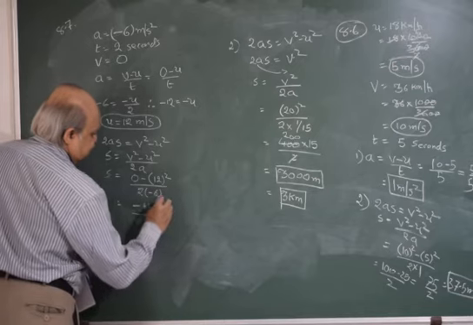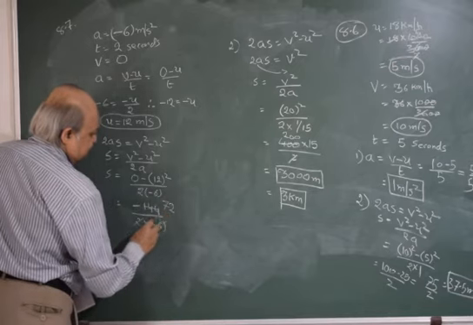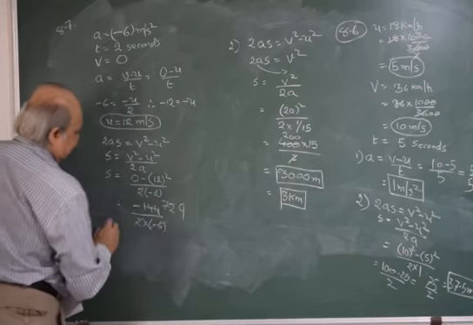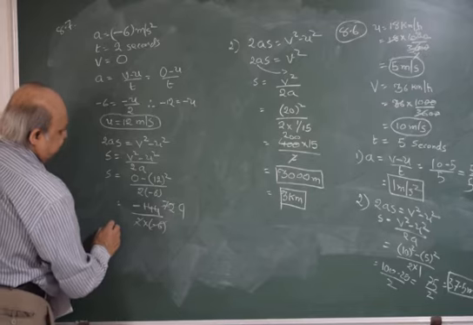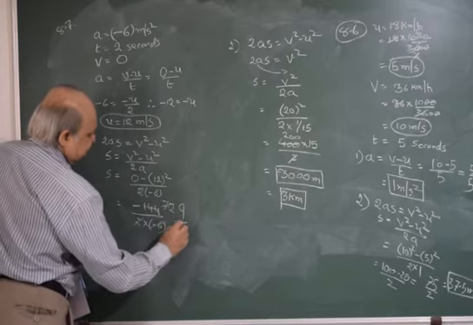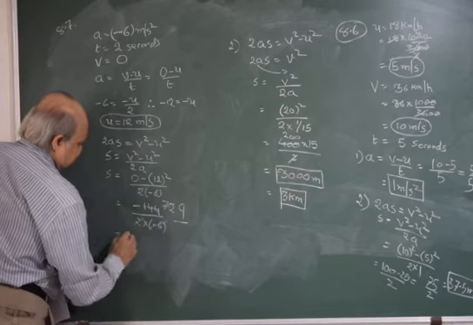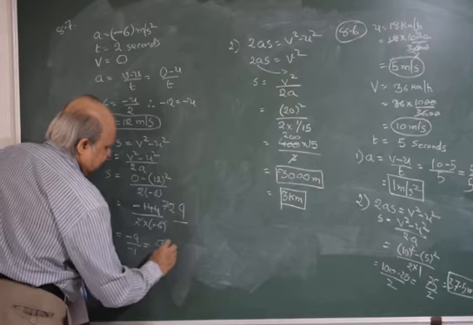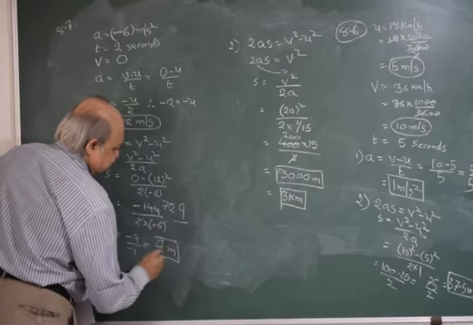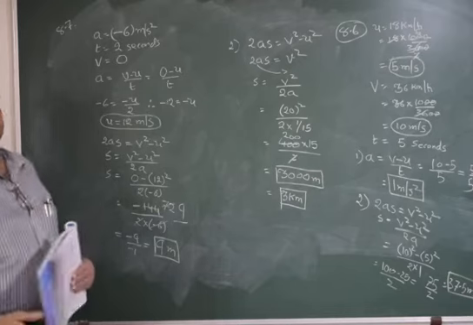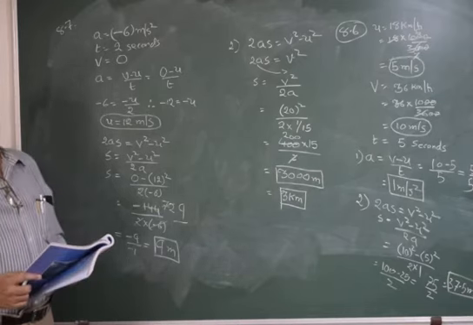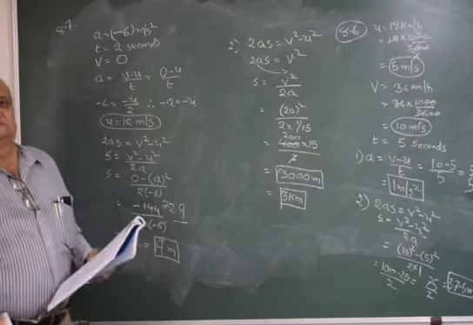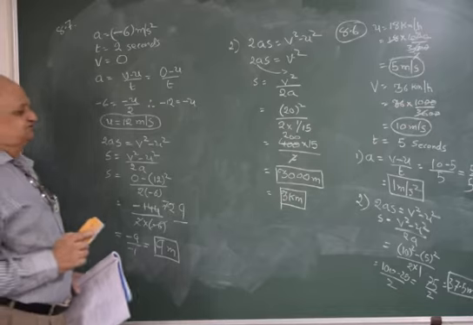We cancel this, we get 72. We cancel this and we get 9. So s is minus 9 upon minus 1, which is equal to 9 meters. Don't forget to take into account the signs involved.